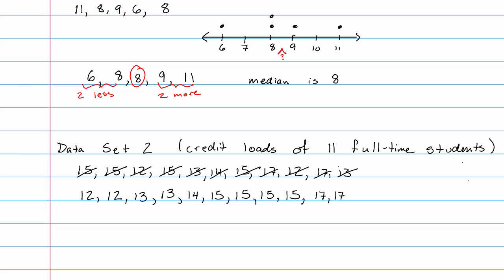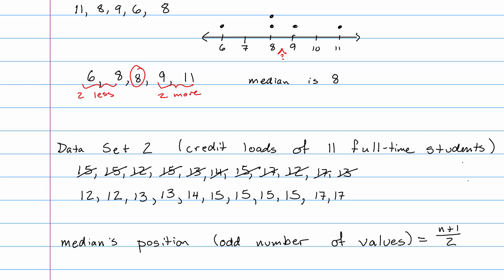If we have too many numbers, we might want to use a formula. Now this is not a formula for the median, just for the median's position. The median's position, if we have an odd number of values, we can find by taking n, the number of values, adding 1 to it, and dividing by 2.